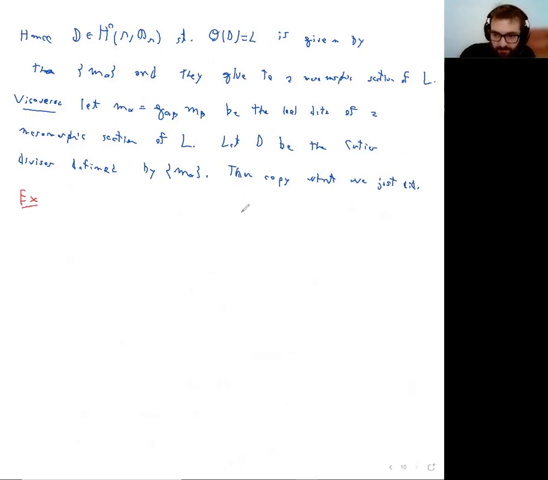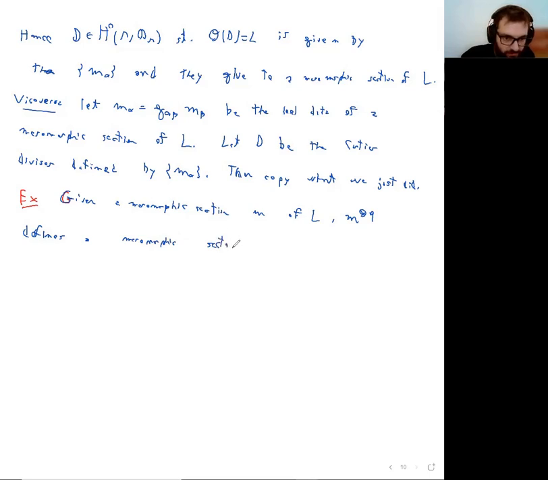As an exercise, we see that given a meromorphic section M of L, then M tensor Q defines a meromorphic section of L to the Q, by using M alpha to the Q as local data.